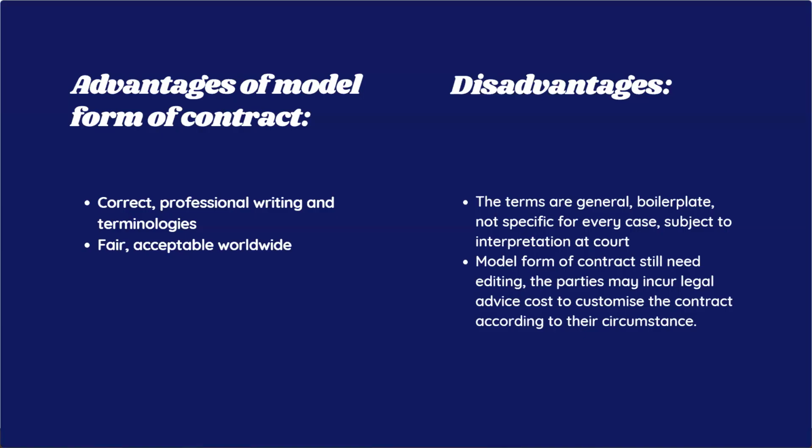The modern form contract may provide the correct professional writing and very professional terminology, and they are acceptable worldwide. But they are still general, and they still need to be specified to fit your cases or to fit your project.